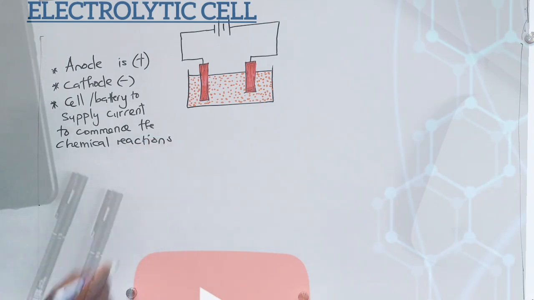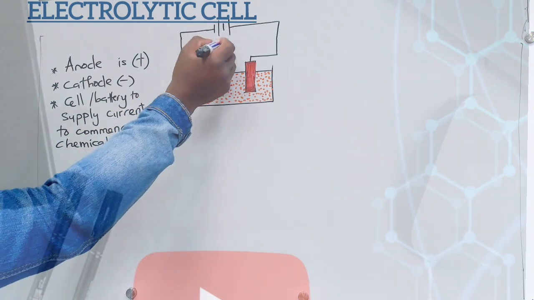Reactions in an electrolytic cell need current for them to start up. It's not similar to galvanic cells where reactions are spontaneous. Those start on their own, but these ones need current to start the reaction because the reactions are not spontaneous. That's why we need a battery here.